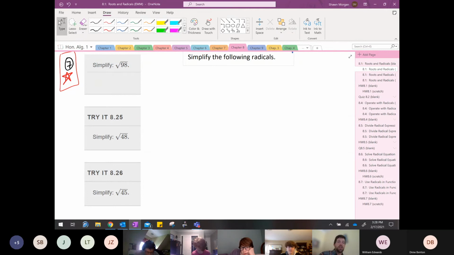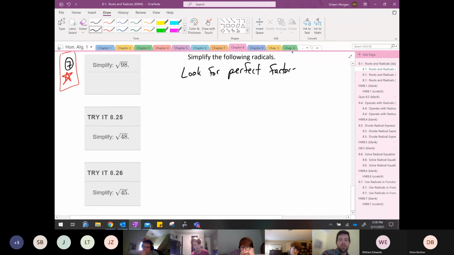Now, here's how this is going to work. You're going to look at the radicand, and you're going to look for perfect factors of the radicand. Okay, and remember the radicand is what you're taking the root of.